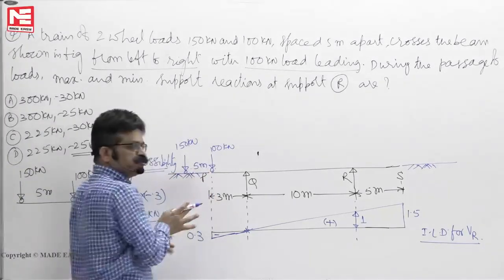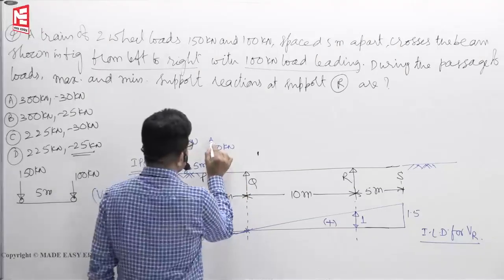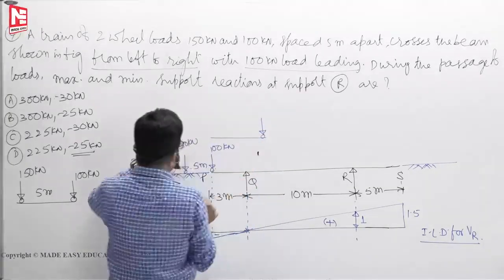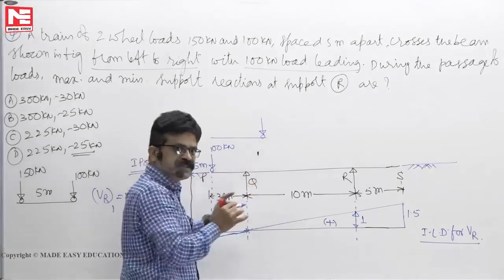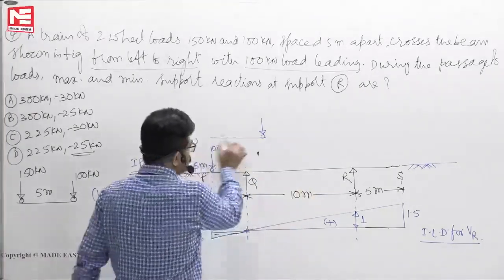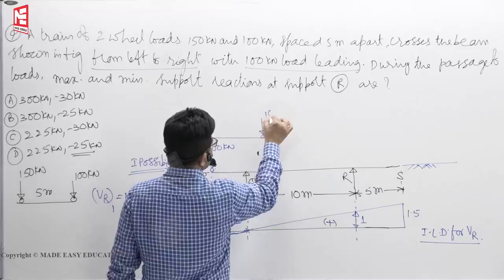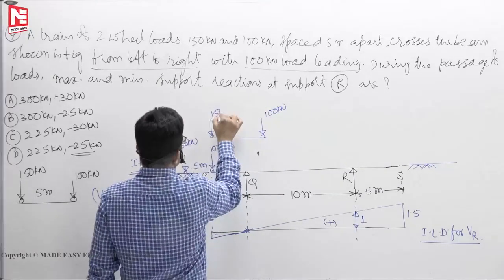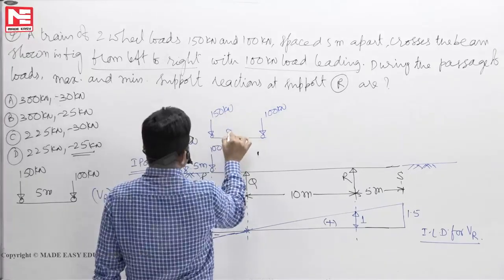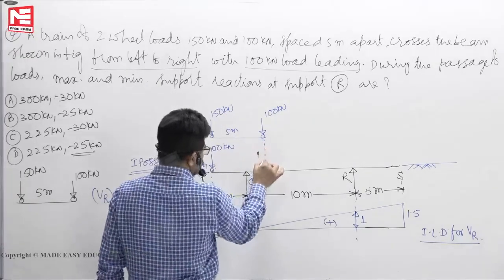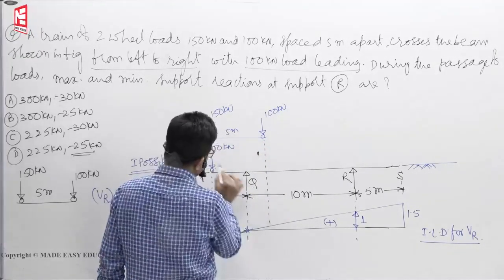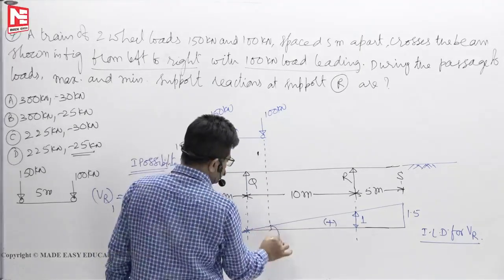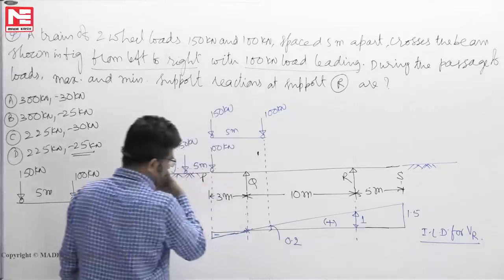Now ask the driver to move forward. Then he will go like this. Till the 150 kilonewton enters the bridge, ask the driver to move forward. That means this fellow should move 5 meters. So 100 kilonewton, here it is 150 kilonewton. This is 5 meters. This is your second possibility. At this point, for 5 meters means 3 meters, 0.3. From here to here, 2 meters. So this value is 0.2.